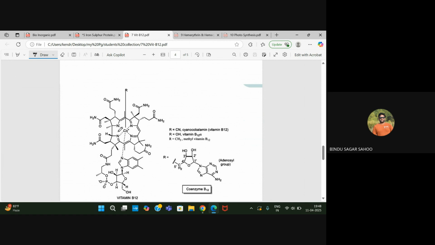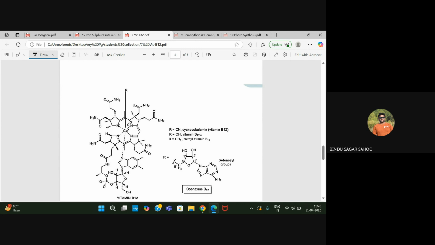Another difference is that we can see the 5-membered rings are connected by such types of group, but here these two 5-membered rings are directly connected to each other. That means, compared to the porphyrin ring, this ring is a little bit compressed, or I can say the cavity size is a little bit decreased. And this type of modified porphyrin ring is called the corrin ring.